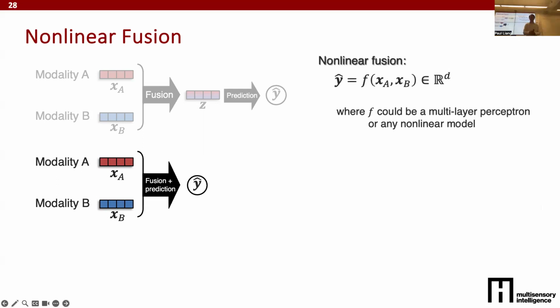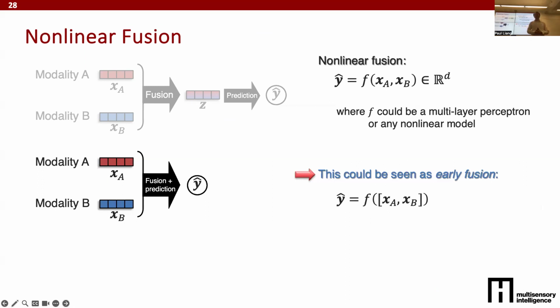You're fusing it as early as possible. So XA and XB would just be, for example, concatenated as early as possible. And then you would just define a bigger model F to let the model basically figure out, without much human engineering on the features, what the fusion should be. So this is also very common nowadays.